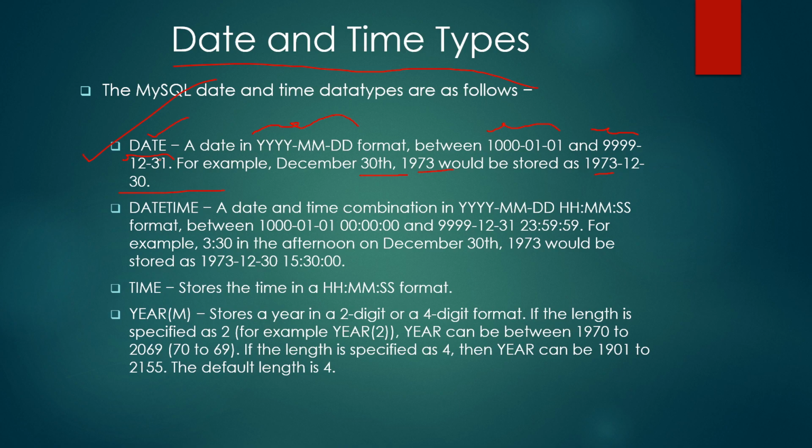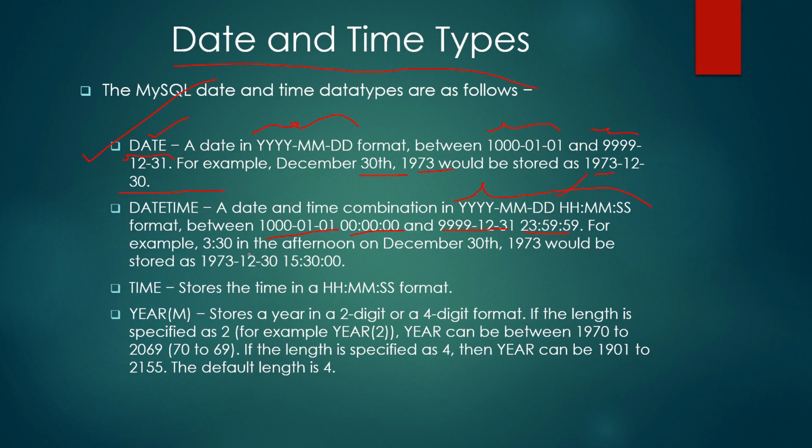Then, date time. A date and time combination is this. It would look something like this. Time will be stored as hours, minutes, and seconds. Between this and this means the range is this basically. Yeah, it can have 24 hours. So from 00:00:00 to 23:59:59.